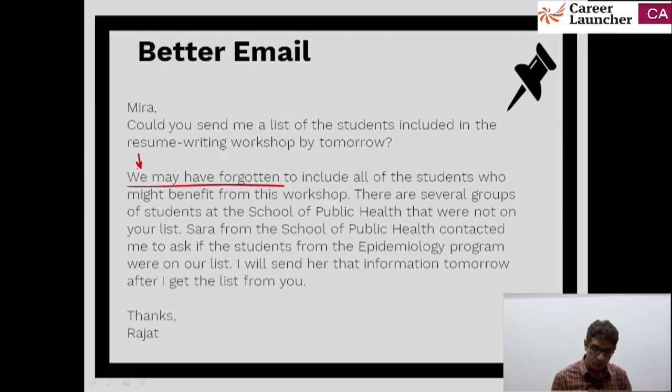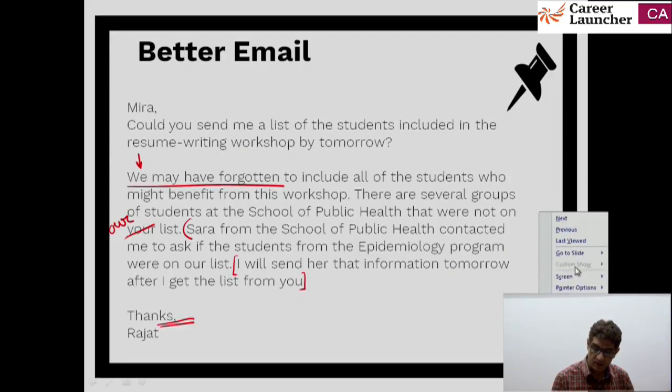"There are several groups of students that were not on your list." In fact, even this "your", if we convert it into "our", will probably be even more polite. And thereafter, once again, you notice that we are ending by thanking that person in anticipation and then closing. So, a much better way of constructing an email as compared to the previous one.